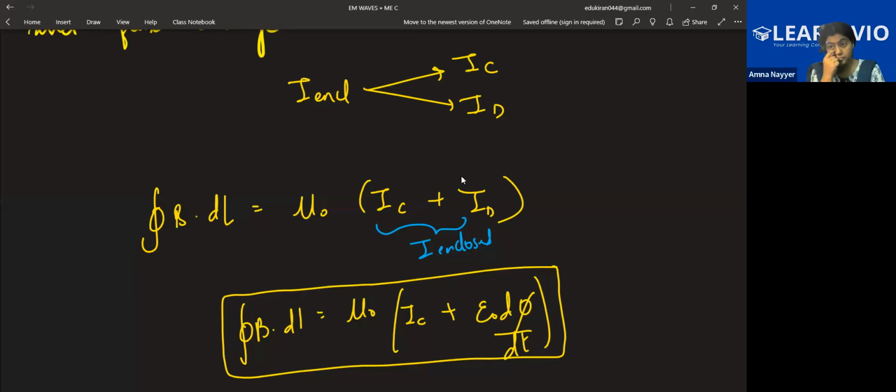Gauss law. Phi equals Q by epsilon naught.